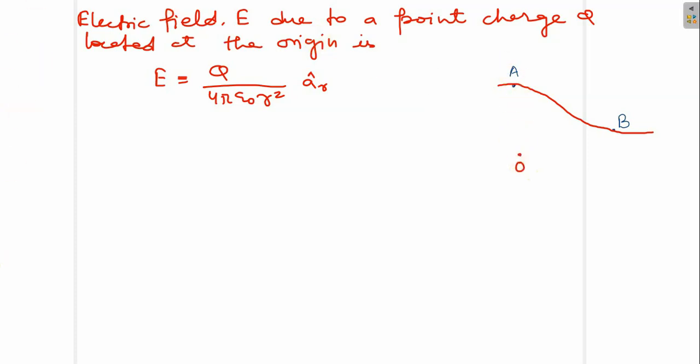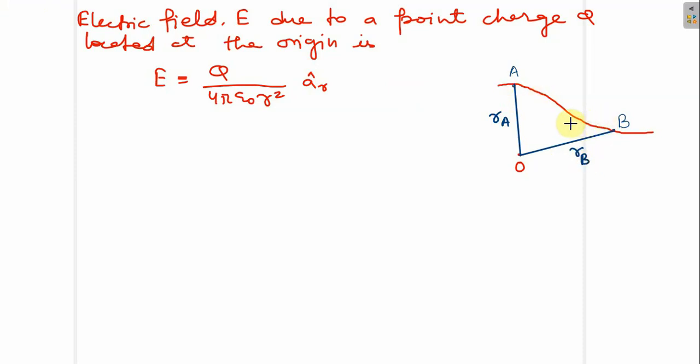The line joining the origin to point A, let's say it is RA, and from the origin to the point B it is RB.